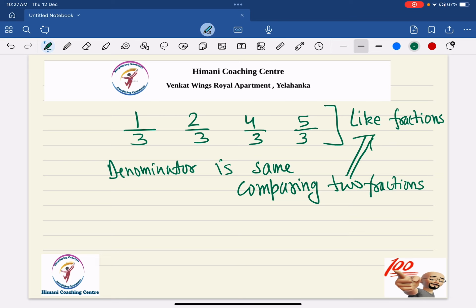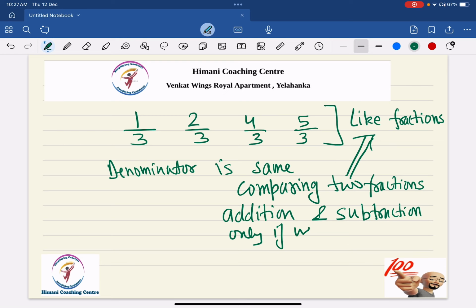Okay, so we'll see later when we do this, even addition and subtraction between two fractions is possible only if we have like fractions. Okay, we have like fractions, then only addition and subtraction is possible. So this is about like fractions.